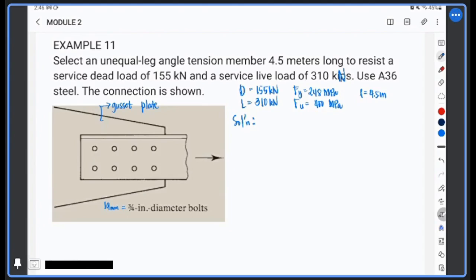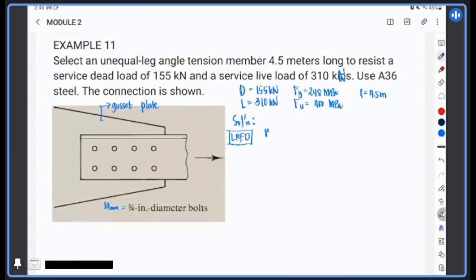So first we consider LRFD to design the member and find the suitable member to resist that load. Service dead load of 155. So for LRFD, the most common that we use is load combination 1 and load combination 2. What is our load combination 1?